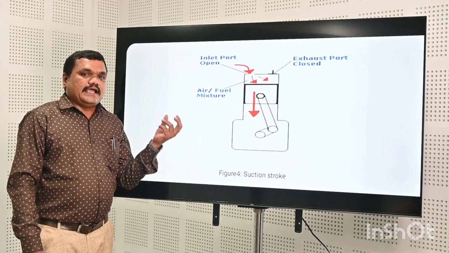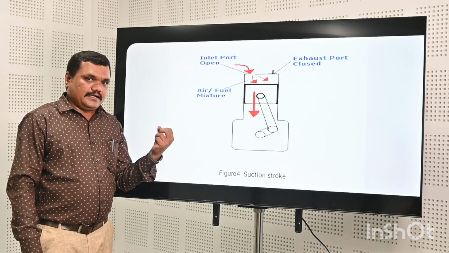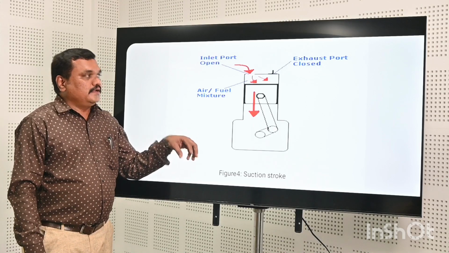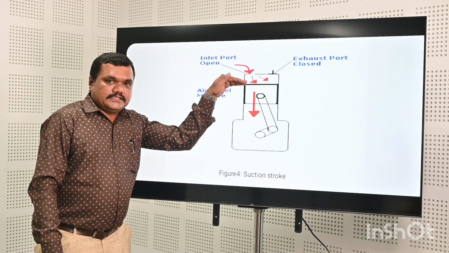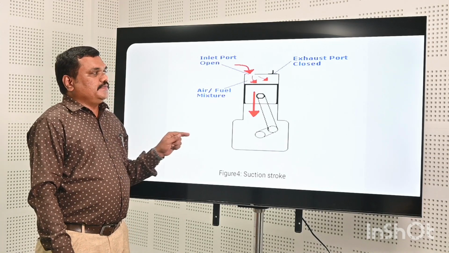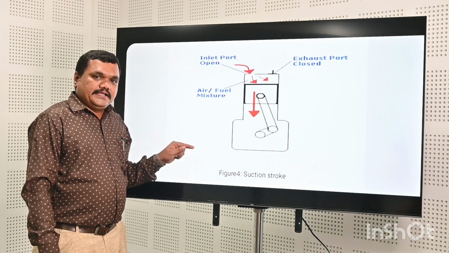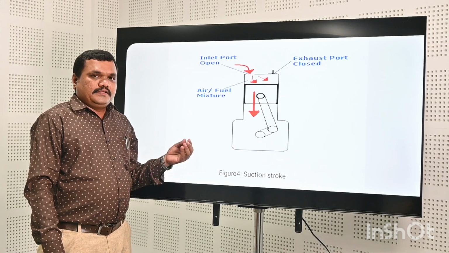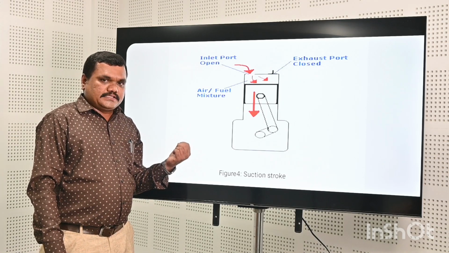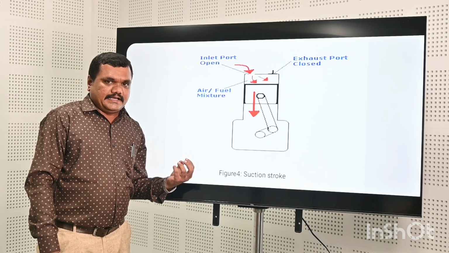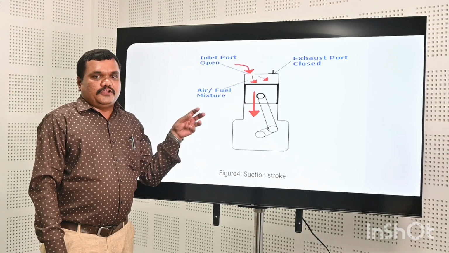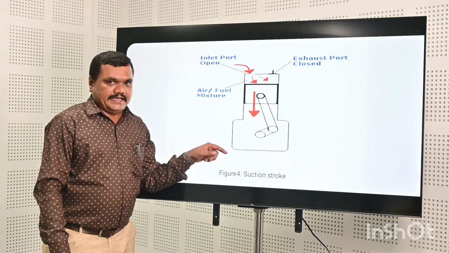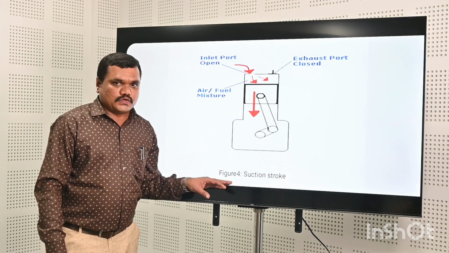During the first stroke, the suction stroke, the air fuel mixture is sucked inside the cylinder. At that time the piston moves from TDC to BDC, where TDC means top dead center and BDC means bottom dead center. When the piston moves from TDC to BDC, a vacuum is created inside the cylinder. Due to that vacuum, the inlet valve opens and the air fuel mixture gets inside the cylinder. That is the suction stroke.